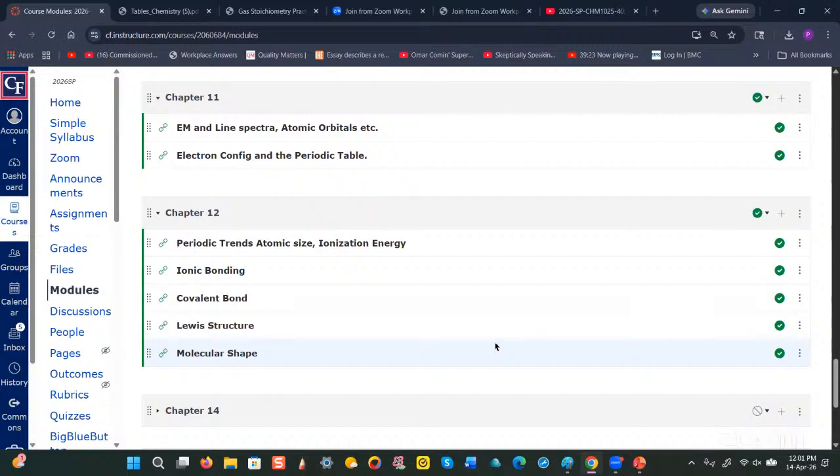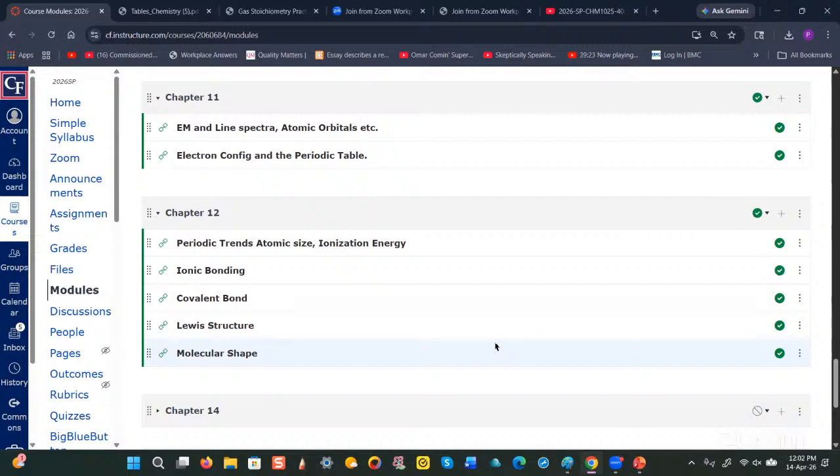One more time, why are we getting the helium? That's basically the rule for writing the abbreviated version: you have to look for the group 8 element that comes before the element that you're trying to write. For example, you would look for the electronic configuration of neon within the structure.